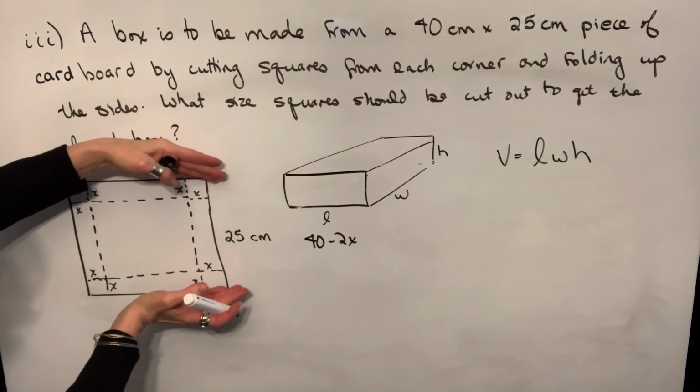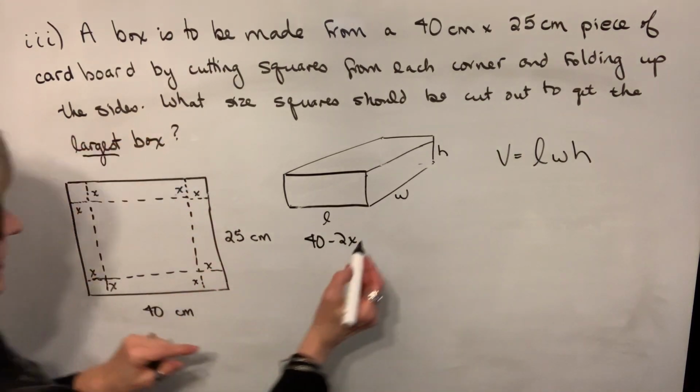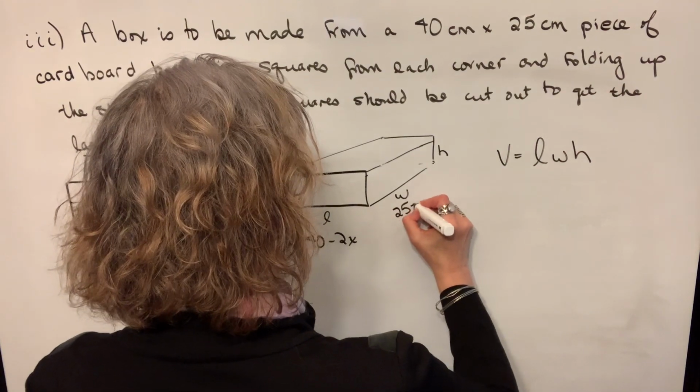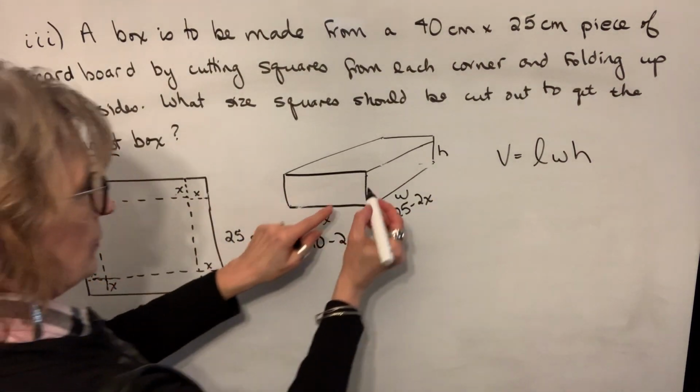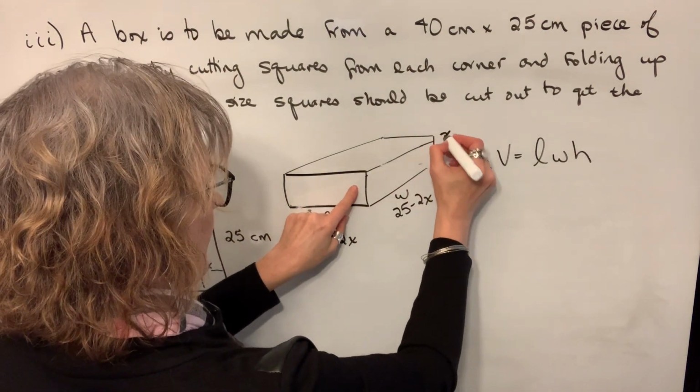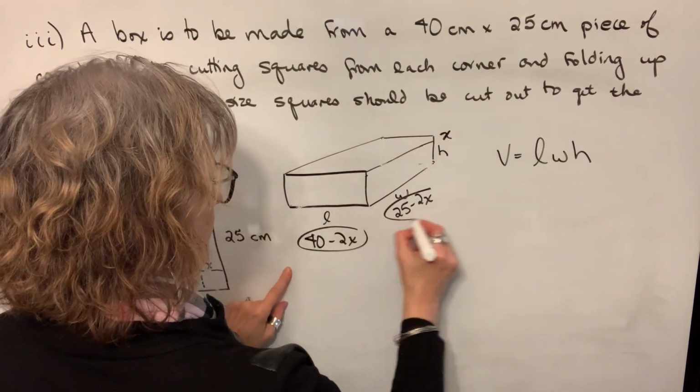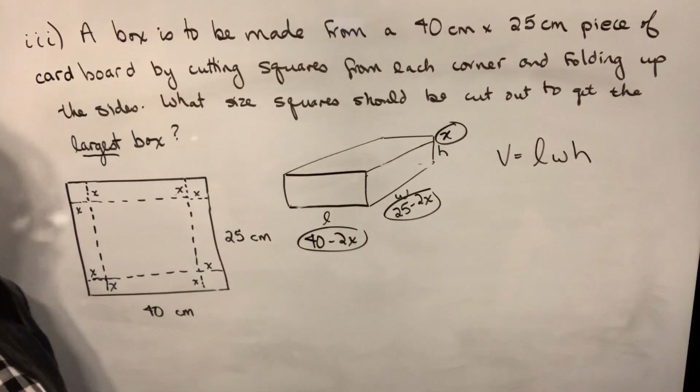Similarly, the width will be 25 minus 2x. And the height, when I fold the sides up, will be x. So these are how I'm going to express length, width, and height.